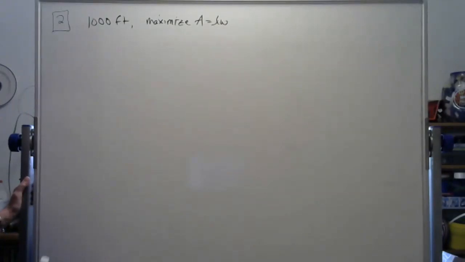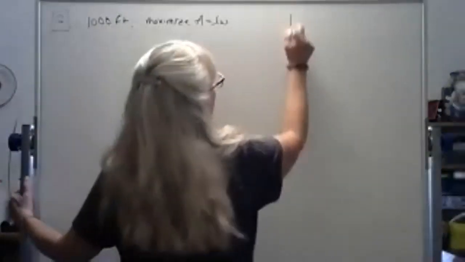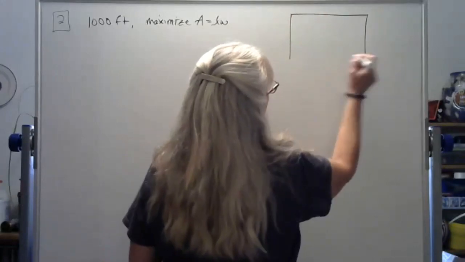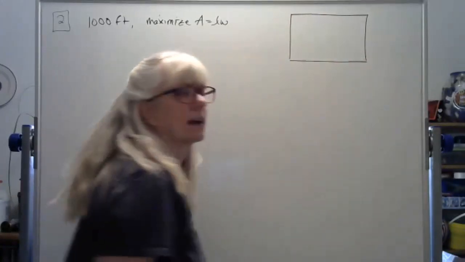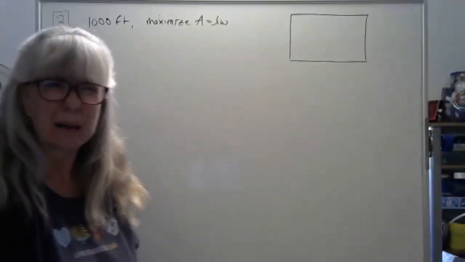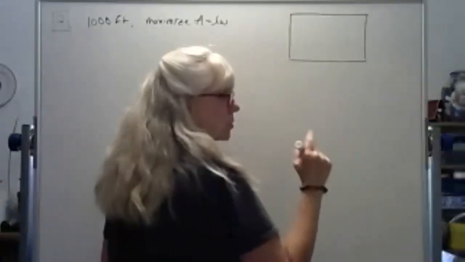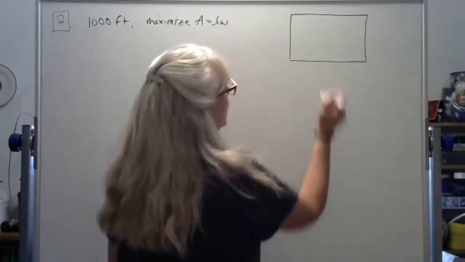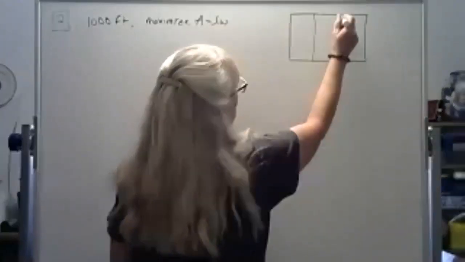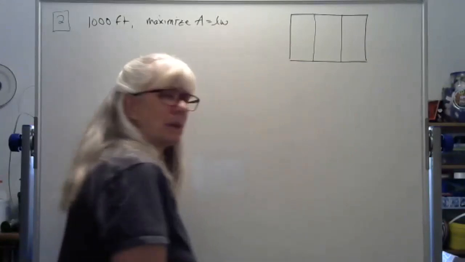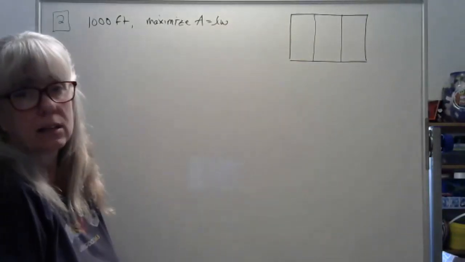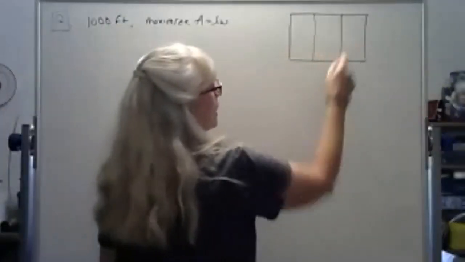Let's draw a picture just to get a handle on what's going on. So this time there's no highway, so we can draw a true rectangle with all 4 sides. Then he wants to come in and divide this. So we're going to start with this, and then we're going to divide it into 3 smaller pens of equal size. So I'm going to come in and draw in 2 inside pieces in order to divide it into my 3 pens, and they all have the same area.